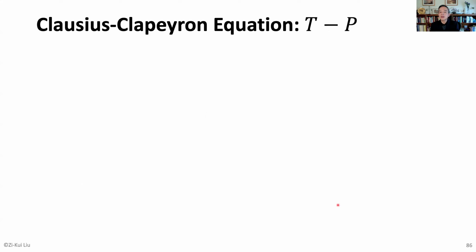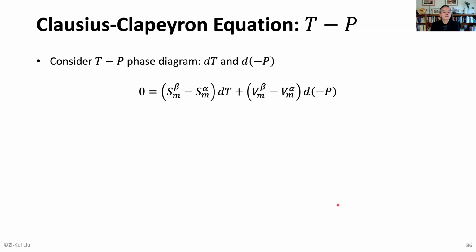Now, we are very familiar with the Clausius-Clapeyron equation applied to temperature and pressure. So what does that mean? Let's consider a two-dimensional phase diagram, a potential phase diagram, dT and d minus P. So I have T and minus P. We put the same equation as before. Now we replace YA and YB, and these would be XA and XB.